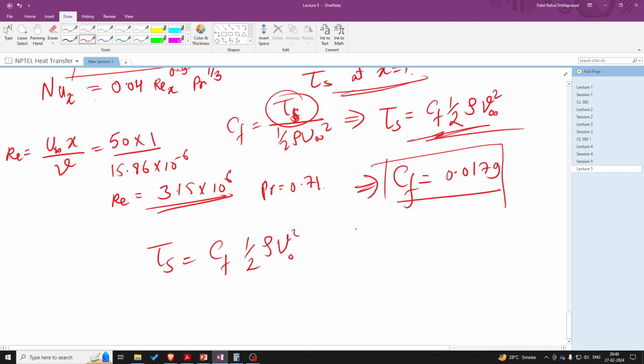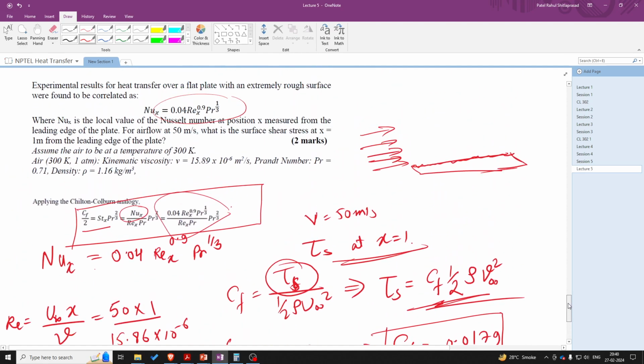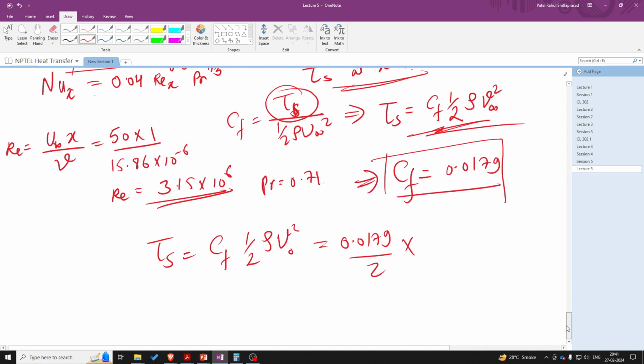Then we need to replace all those values, so it will become 0.0179 by 2. Density is 1.16. Velocity is 50 meters per second, and here we are having a square.